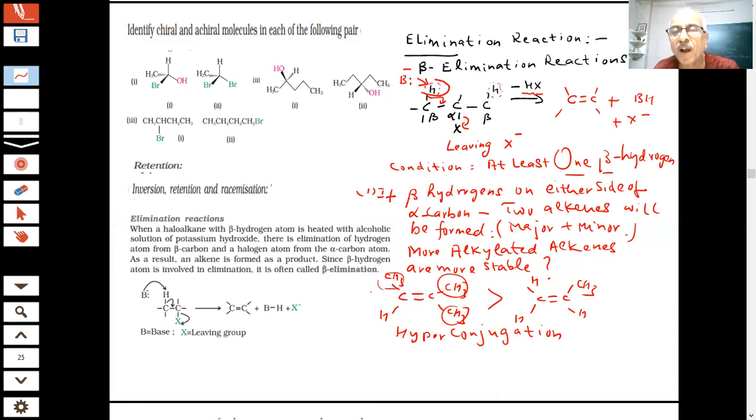This has been experimentally done by a group of scientists, and they have given a rule for this, which is very important for the exam. What is the rule I'm talking about now? Let us see.